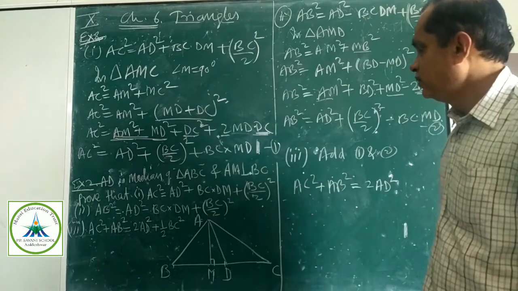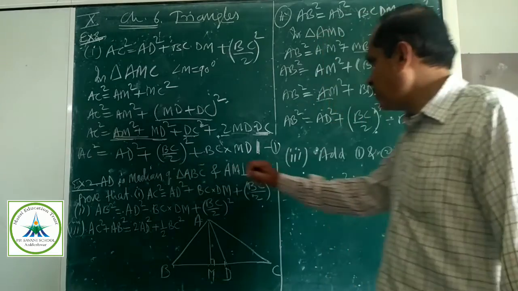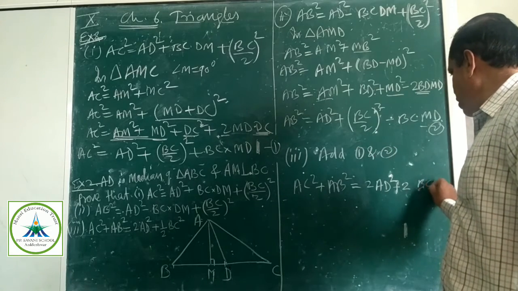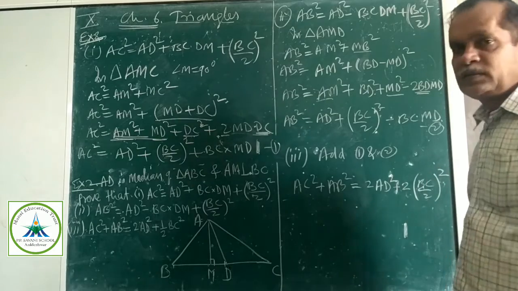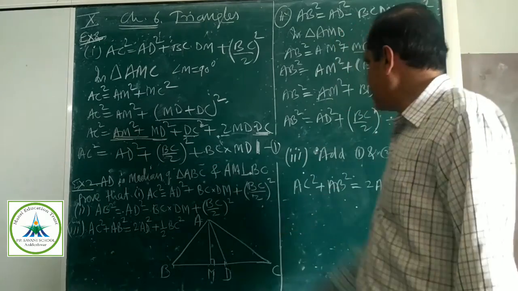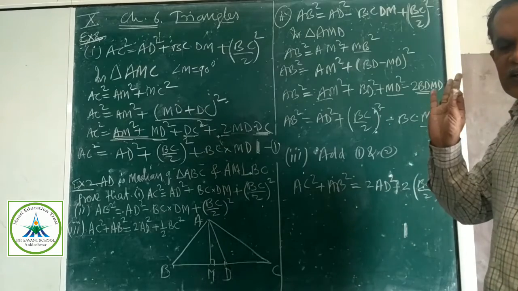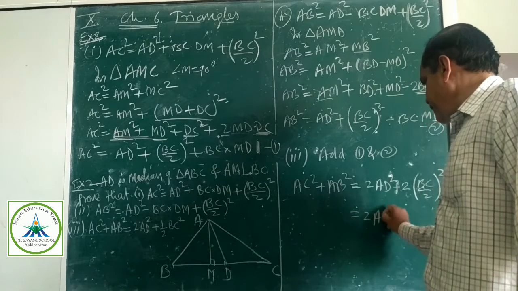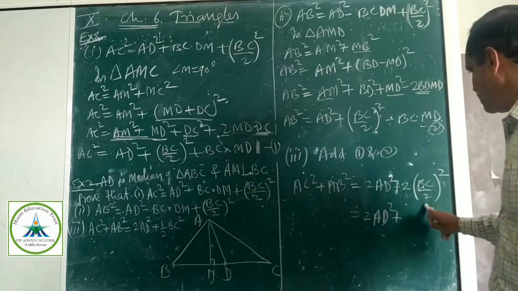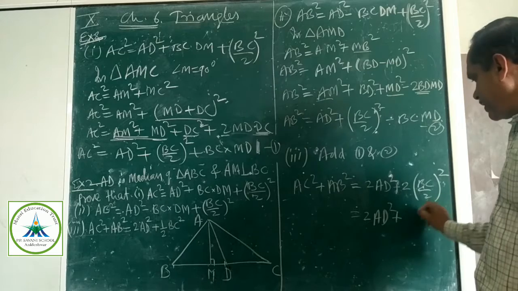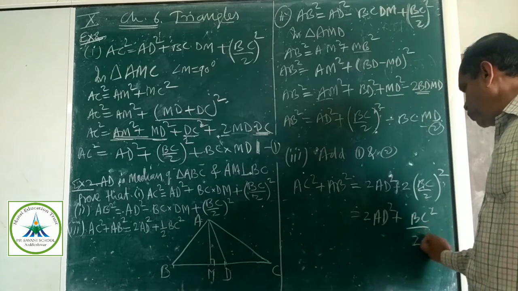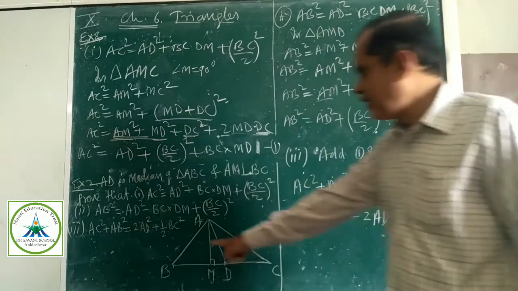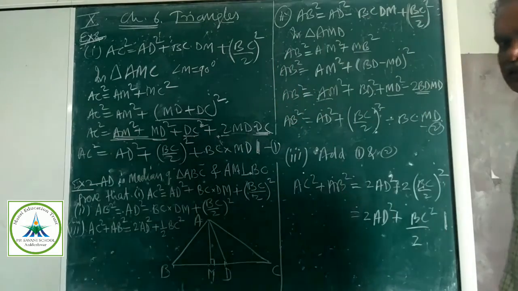Then (BC upon 2) whole square plus (BC upon 2) whole square, 2 times (BC upon 2) whole square. Plus BC times MD minus BC times MD cancel. Now BC square upon 2 square is upon 4. We got 2 times AD square plus 2 times BC square upon 4, cancel by 2, you get BC square upon 2. And hence, this is the third result. Like this, okay?